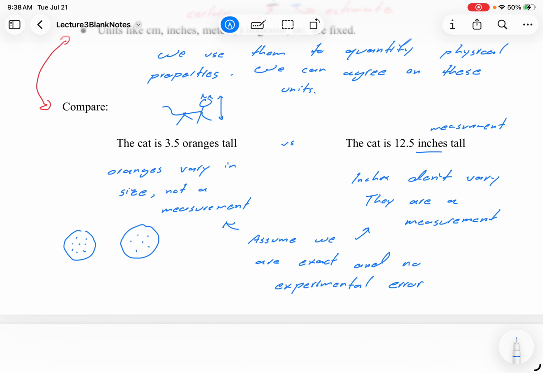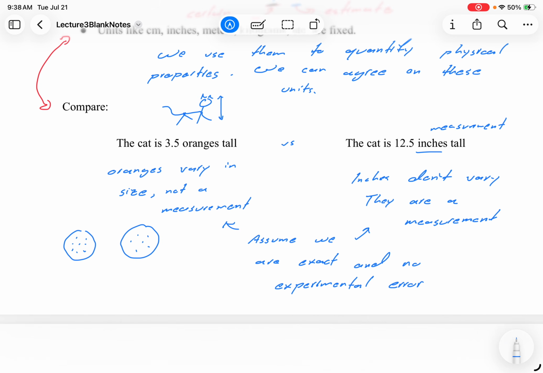I'm not gonna convert inches to centimeters in my head, so I'm just gonna stick to inches. Oh, 12.50 inches. You go to another vet. Oh no, it's 12.51 inches. That is what's going to be experimental error.